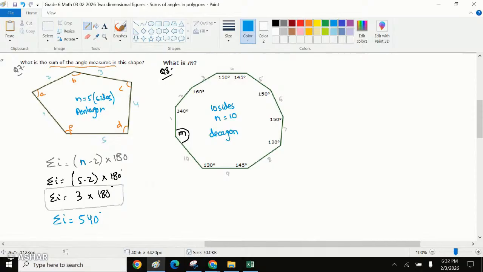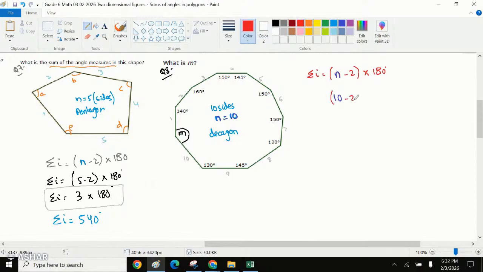We have the formula. Can we use the formula? Can we say the sum of interior angles would be equal to n minus 2 into 180? The value of n was 10. Can we replace n with 10 over here?